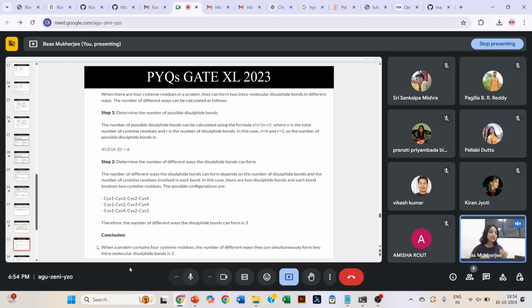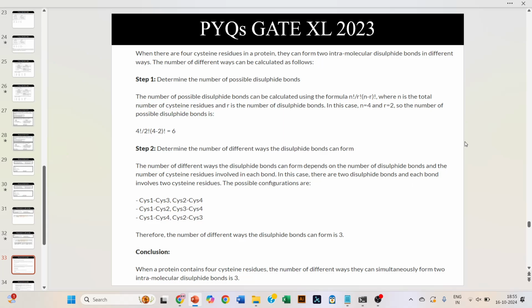They have used a specific formula, that is n factorial divided by r factorial into n minus r factorial. If you solve it according to this, then it becomes 7 factorial divided by 2 factorial into 5 factorial. But the issue is that it is going to give you 21 as the answer. It is not 48.